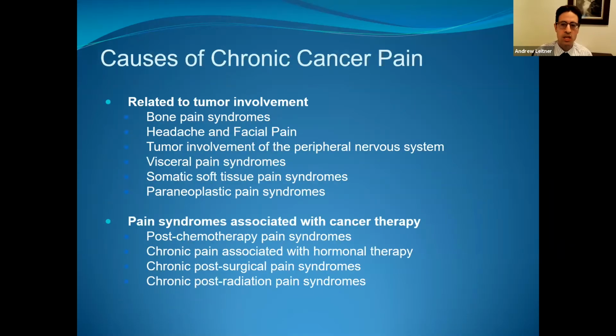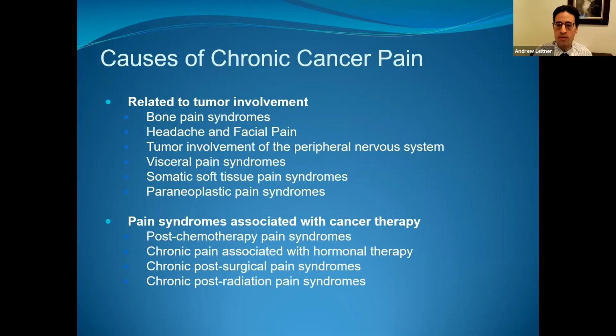Within the direct cause from cancer, the bone pain syndromes are the most common, but the other ones listed here are also highly prevalent depending on the types of disease you see in your center. As far as syndromes associated with cancer therapy, post-chemotherapy pain syndromes, at least in our experience, those are the most common, particularly the chemotherapy-induced neuropathy.